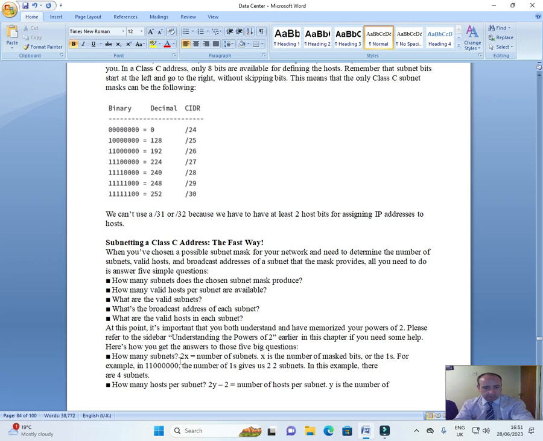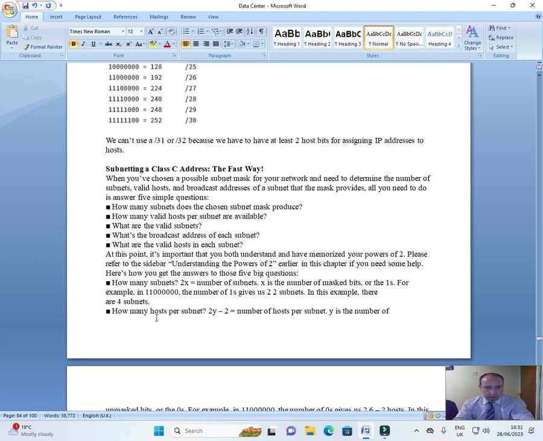How many subnets? 2 to the x equals the number of subnets. X is the number of masked bits, or ones. For example, in 11000000, the number of ones gives us 2 squared, which is 4 subnets. In this example, there are 4 subnets. How many hosts per subnet? 2 to the y minus 2 equals the number of hosts per subnet.